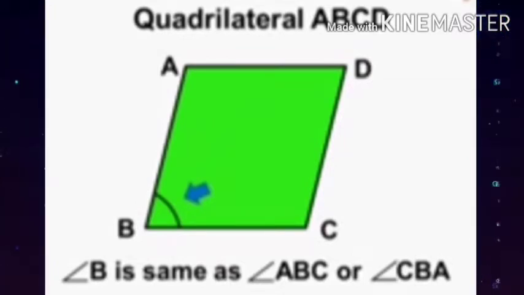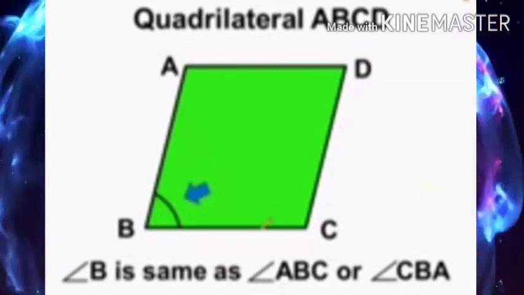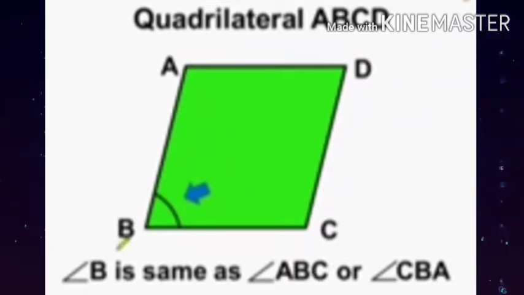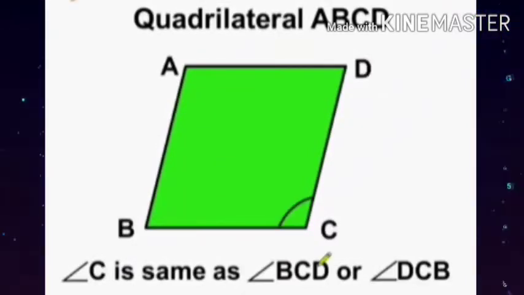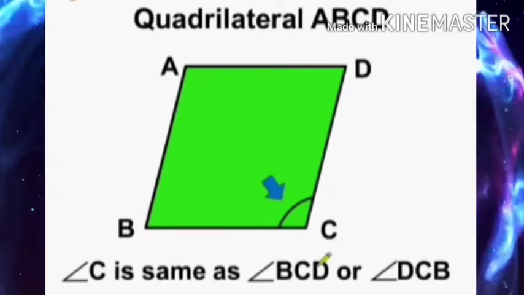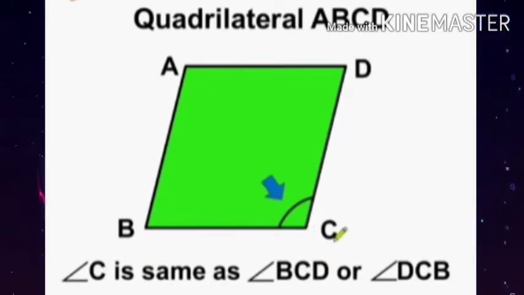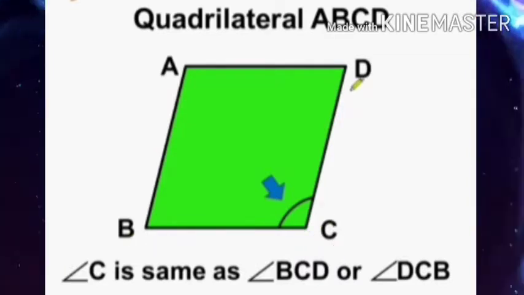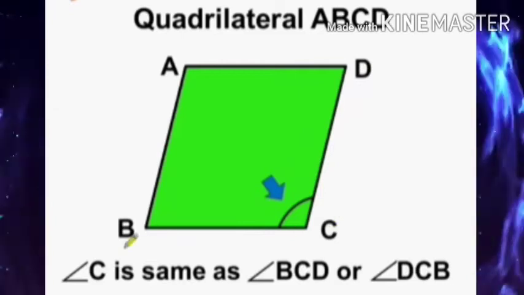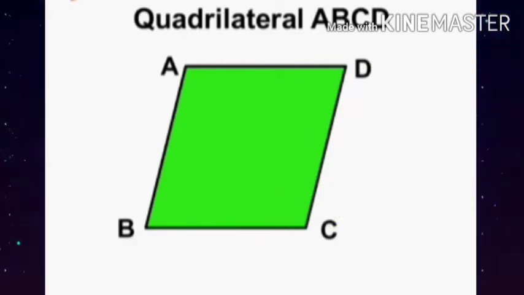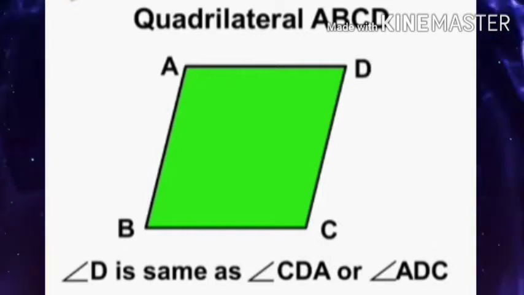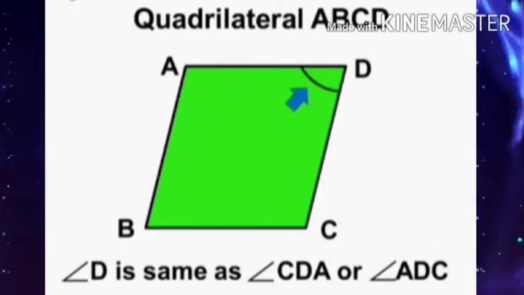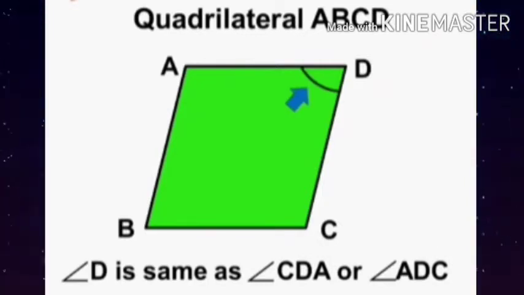So we can write the name of an angle in different ways. Angle C is same as angle BCD or DCB. Similarly, you can write angle D as angle CDA or angle ADC. Isn't it so?